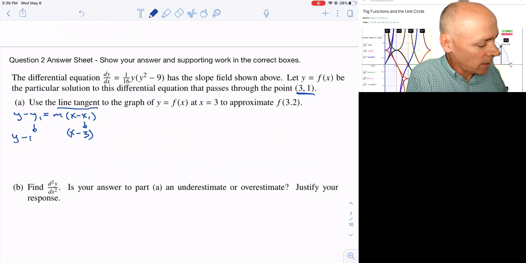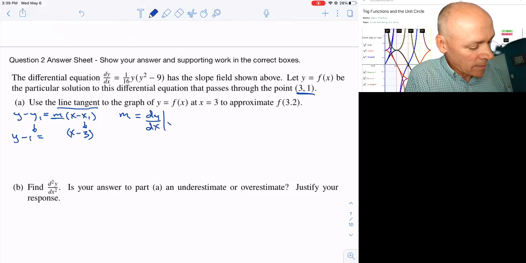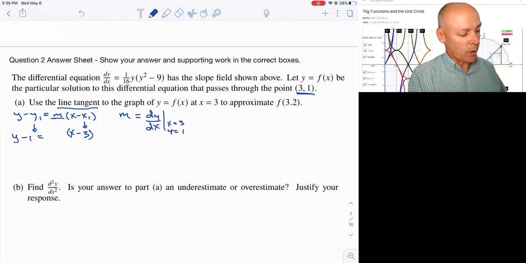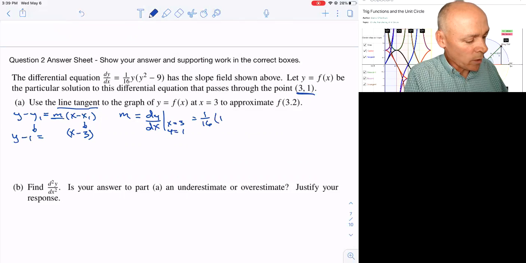So y minus 1 is equal to, okay, now my slope, m, is really going to be equal to my differential equation such that x equals 3 and y equals 1. Well, if you look at the differential equation, it's only in terms of y. There's no x value in it. So I just have to substitute in, it's 1/16 times 1 times 1 squared minus 9.